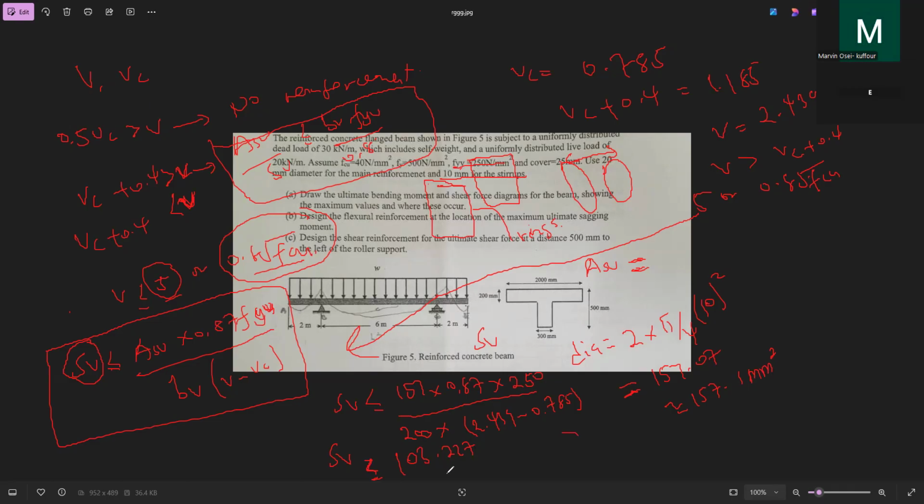Okay, so 103.227 mm. So that is the spacing we are getting from here. But this spacing is the maximum we should go.